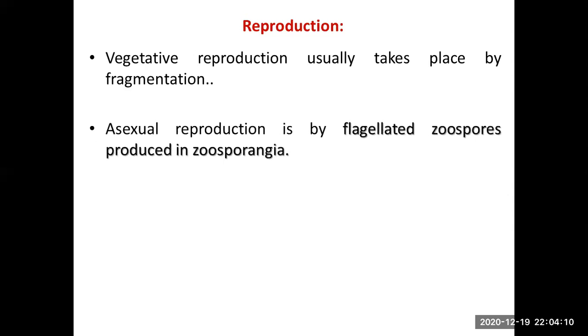Zoospores are asexual spores which are produced inside the zoosporangia. Zoospores are motile. Zoospores consist of 2 to 8 flagella. The flagella are equal in length.